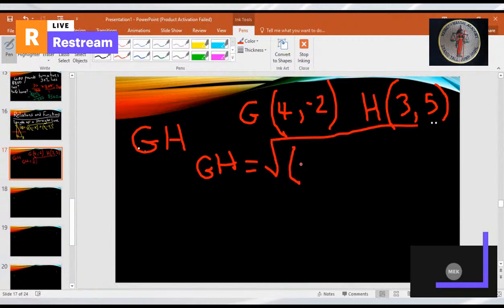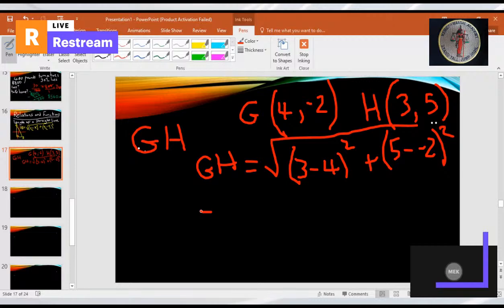Because we have to work out some differences first. So it will be the second x value minus the first x value. So that would be 3 minus 4, and we're going to square it, plus the second y value minus the first y value. So that's 5 minus negative 2, squared.